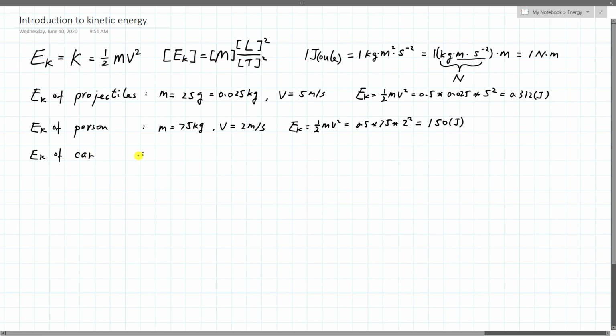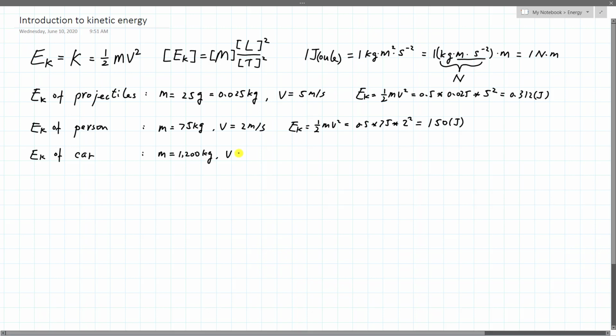Okay, so for a vehicle, let's assume that the vehicle has 1,200 kilograms of mass, and it is moving at some highway speed.